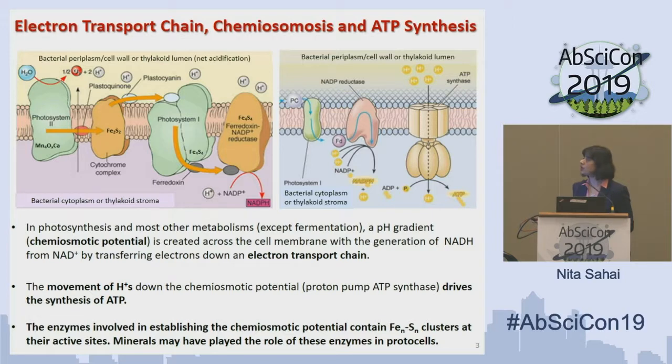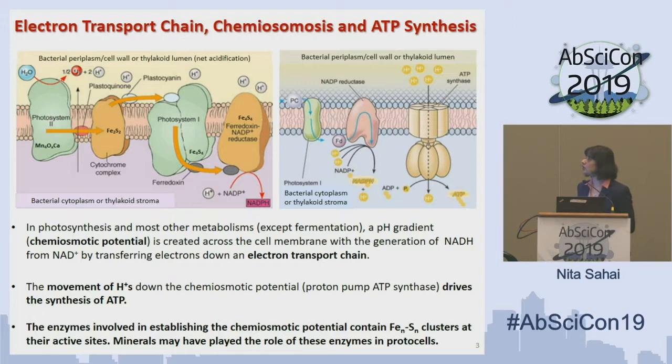So protons are produced on this side and consumed on this side, and this generates a net enrichment of protons on this side of the membrane and a net depletion of protons on this side. This creates the chemiosmotic potential, and the electrons being transferred from one enzyme to another is the electron transport chain, and here are the iron-sulfur clusters that are in the active sites of all these different electron transport enzymes.